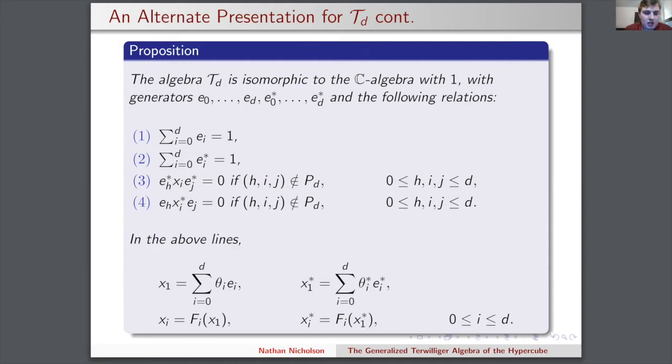Where in the above lines, because now the Xi's are the ones that are not defined as generators, we would specify them, where X1 and X1 star are those linear combinations of the Eis, and then Xi and Xi star would be the given polynomials of X1 and X1 star.